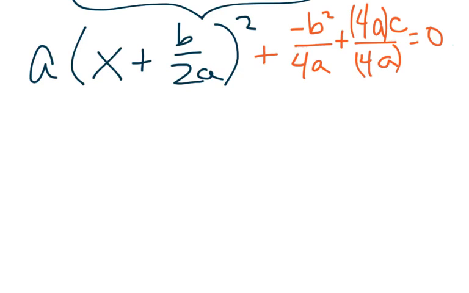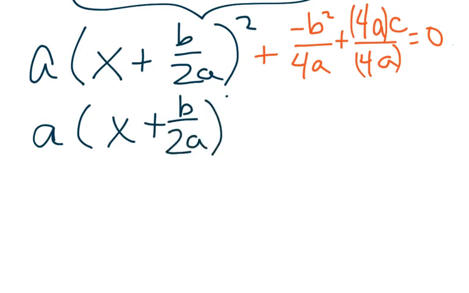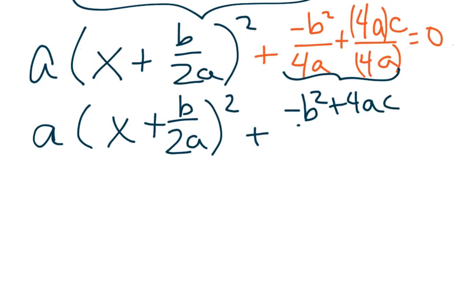Okay, now let's clean it up a little bit. So to combine these two right here, I can say that that is equal to negative b squared plus 4ac over 4a.